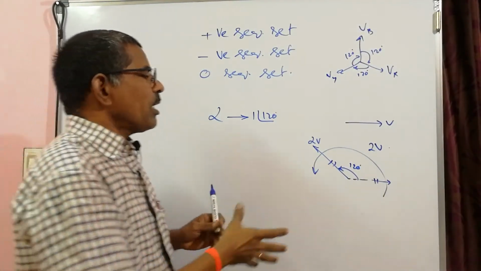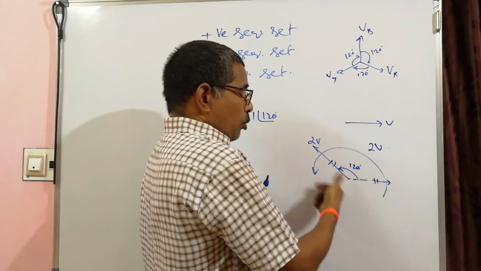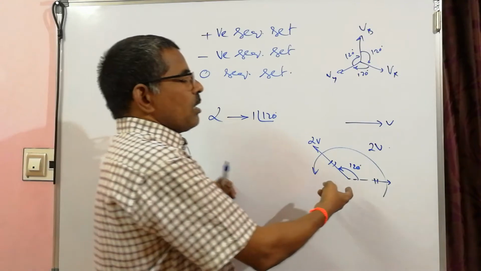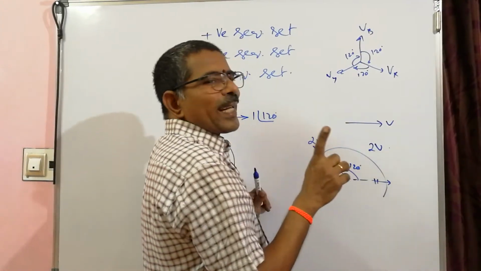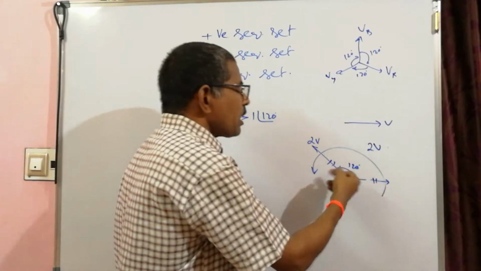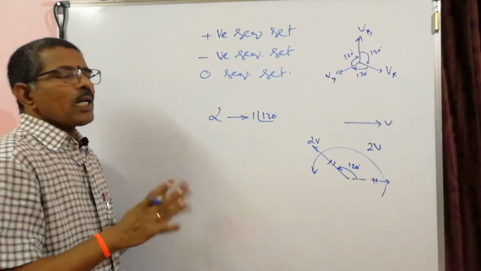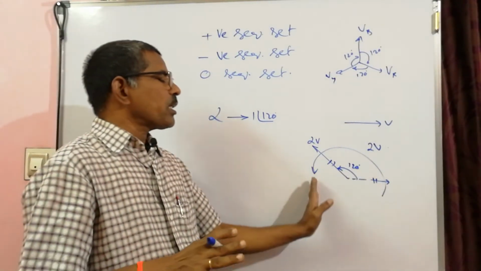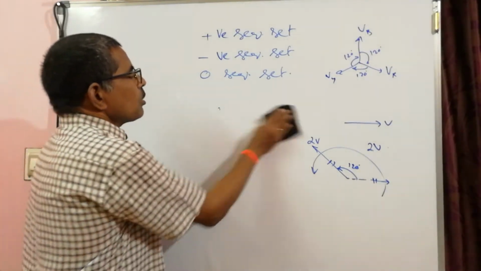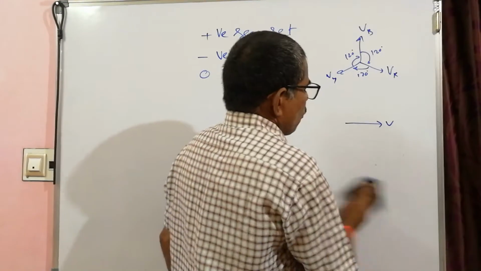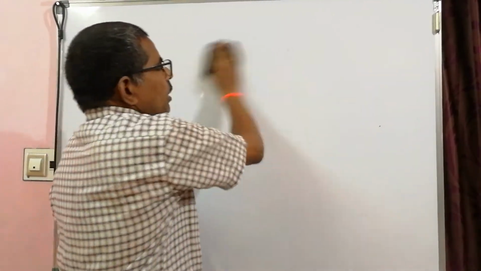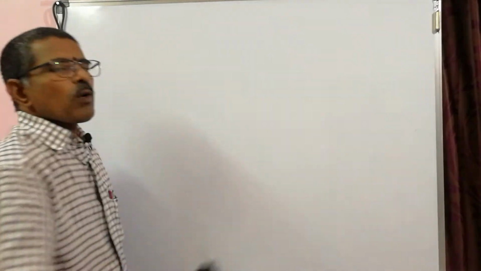Whereas alpha, when multiplying with unity magnitude, is multiplied by 1, but it rotates that vector, whether it is current or voltage, by 120 degrees in the counterclockwise direction. So, alpha is 1 angle 120 degrees, which is e power j120.